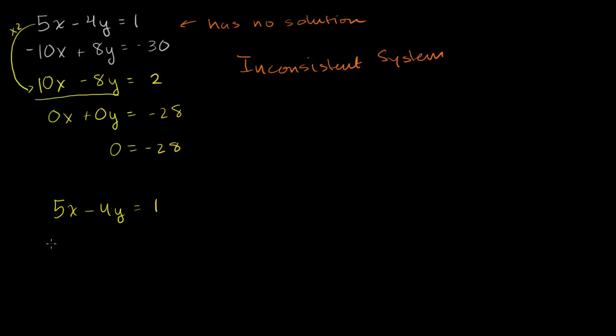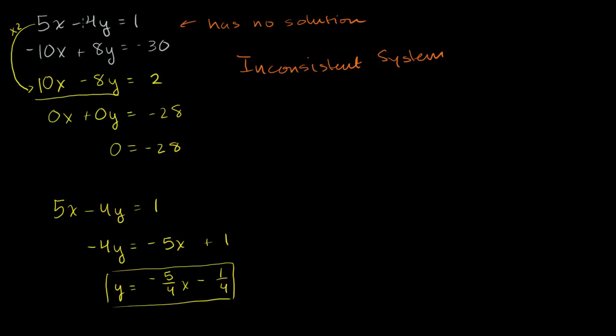If we subtract 5x from both sides, we get negative 4y is equal to negative 5x plus 1. Now, if we divide both sides by negative 4, you get y is equal to negative 5/4 x minus 1 over 4, right? 1 divided by negative 4. So this is the first equation right over here in slope-intercept form.